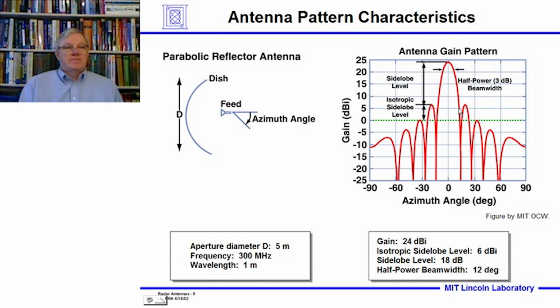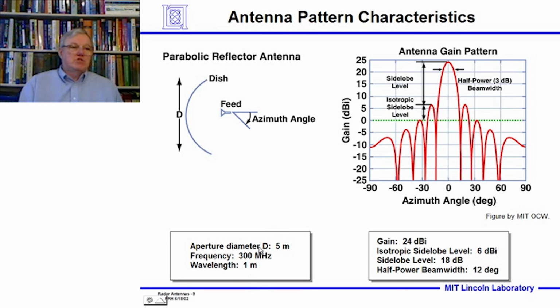And when you look out at far distances, you'll see an antenna pattern that looks like this. Okay? If we looked at this dish, it'd be circular, and this is a cross section of the dish. Here the dish's diameter is 5 meters, the frequency is 300 megahertz, and the wavelength is 1 meter.